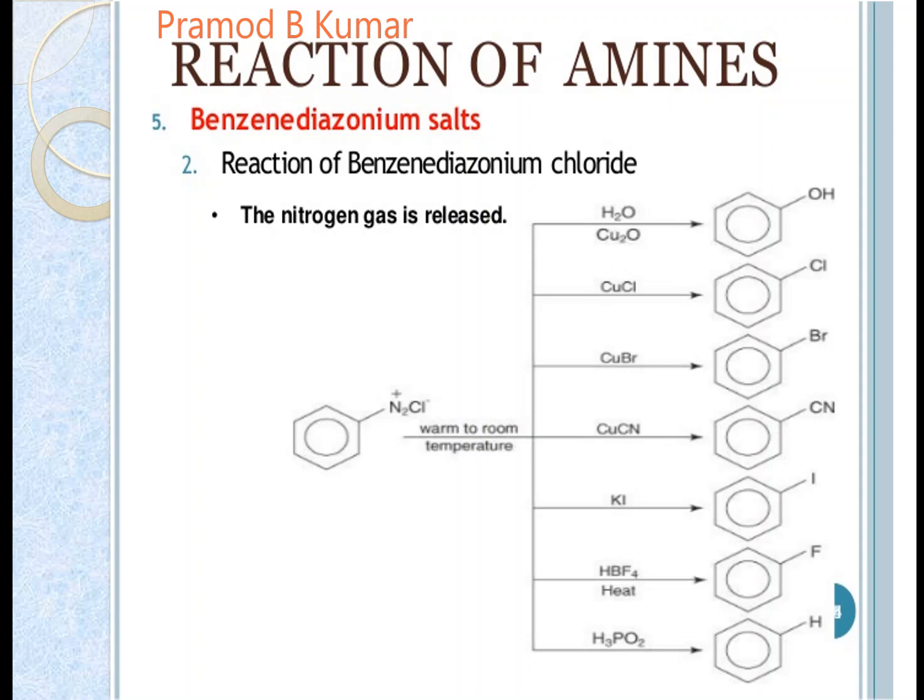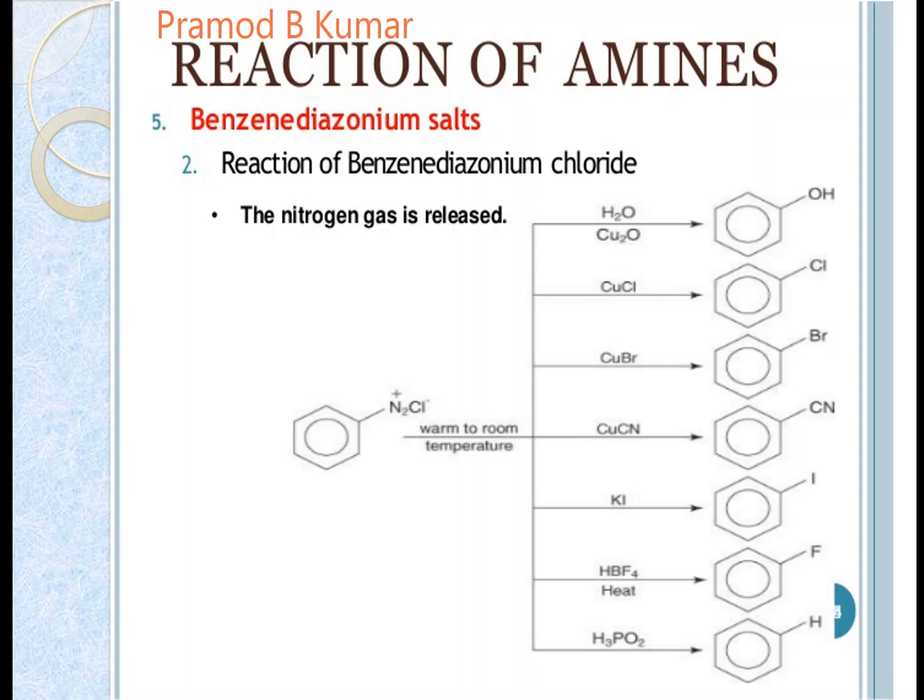When the benzene diazonium chloride formed previously is warmed at room temperature and treated with water and cuprous oxide, you get phenol. When you treat it with cuprous chloride, you get the chloro derivative.